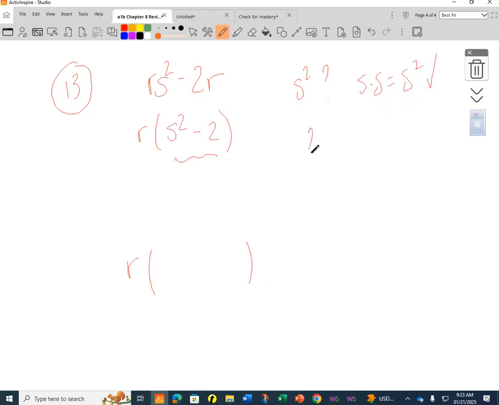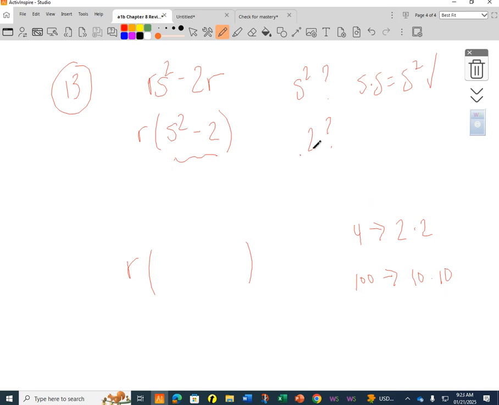How about 2? Is 2 a perfect square? Do you remember what it means to be a perfect square, Brooklyn? So perfect squares have a pair of identical factors. So 4 is a perfect square because 2 times 2 is 4. Okay? 100 is a perfect square because 10 times 10 is 100.